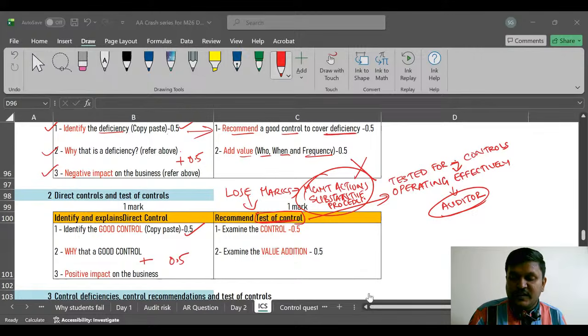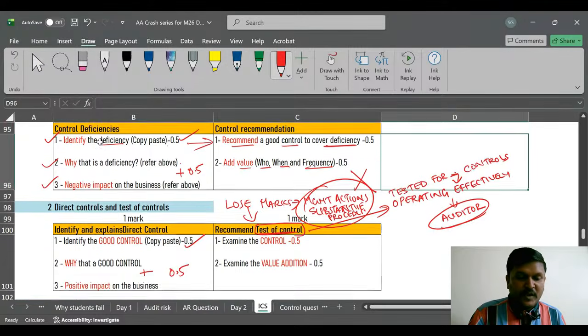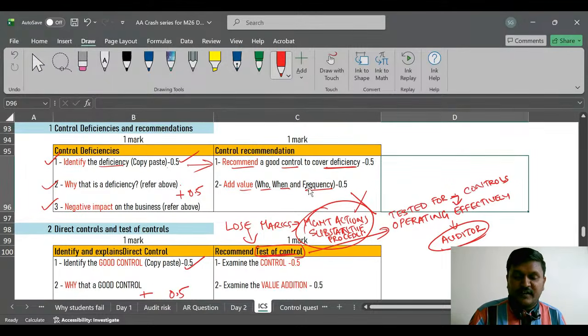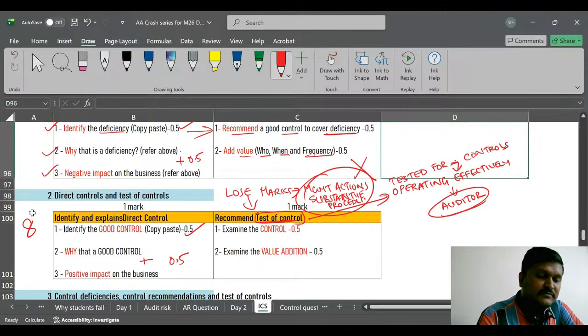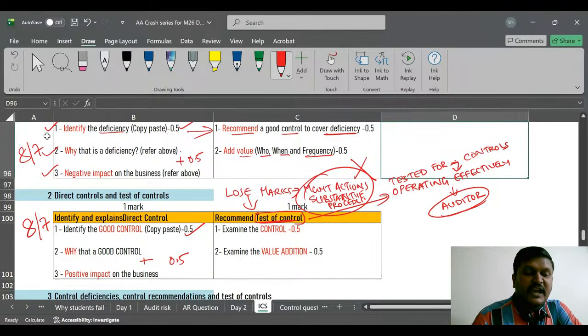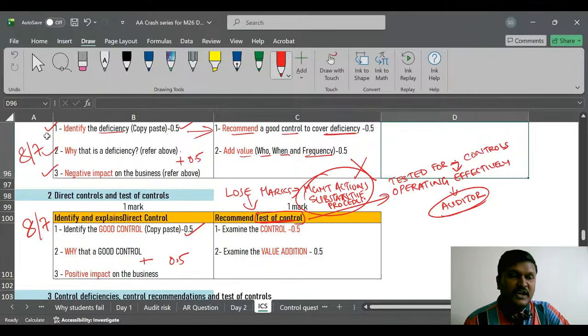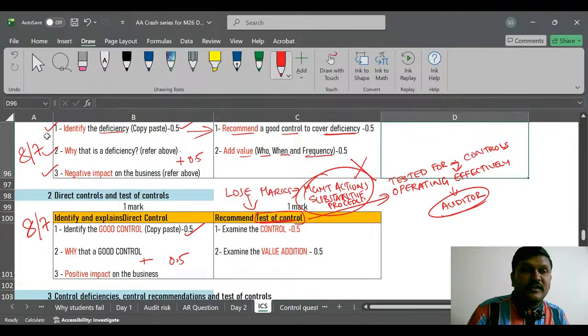For the first two scenarios you have seen, relating to control deficiency, recommendation, direct controls and test of controls, it would be limited to identifying either 8 or 7 items. If it is 8, it comes to 16 marks. If it is 7, it would be 14 to 16 marks if asked separately under a separate question.